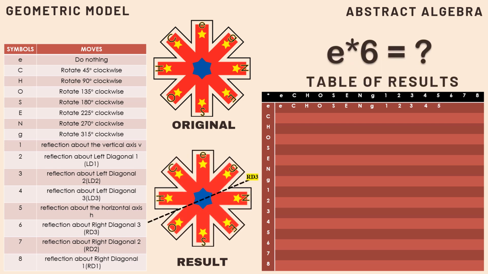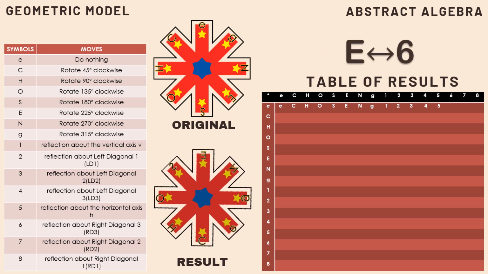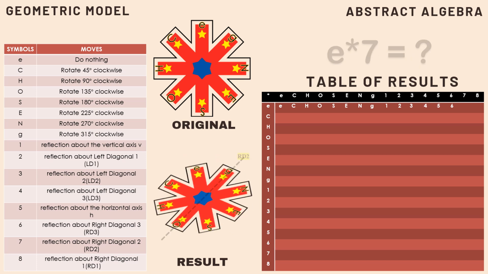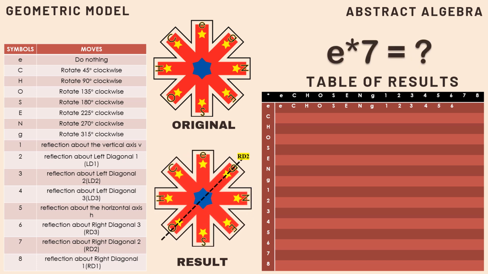Next, we have E star 6, which is reflection about right diagonal 3. So, since E maps to 6, then E star 6 is equal to 6. Next, we have E star 7.